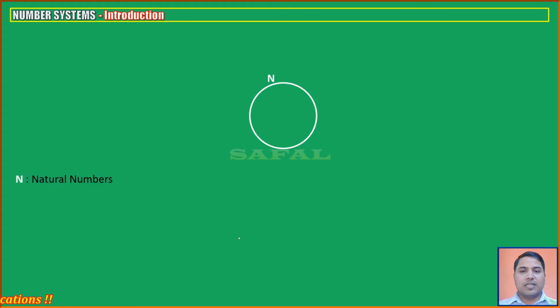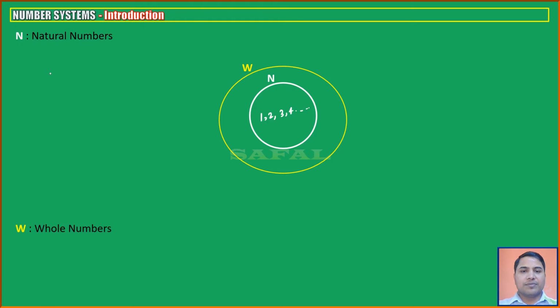So all the numbers we studied, now we are going to see geometrically. First, the collection of natural numbers we have studied, right? Natural numbers: 1, 2, 3, 4 and so on, that we are denoting by capital N. After natural numbers, we studied what?